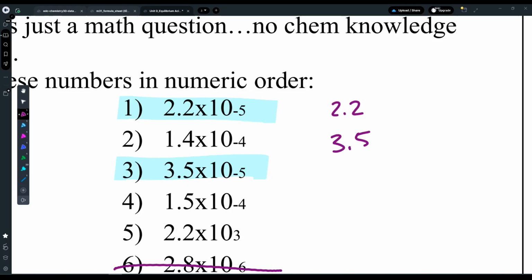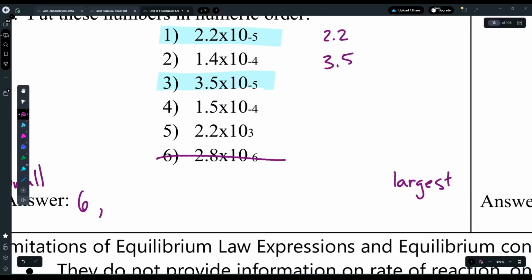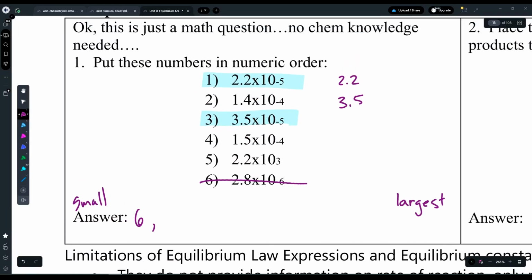Obviously 2.2 is the smaller of the two. So we'll put this number next because it is bigger than a number to the power of negative 6, but it's not as big as the 3.5 times 10 to the negative 5. So I'll say 1, 3, so that takes care of these two numbers here.